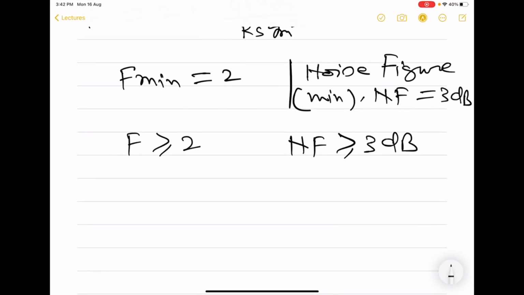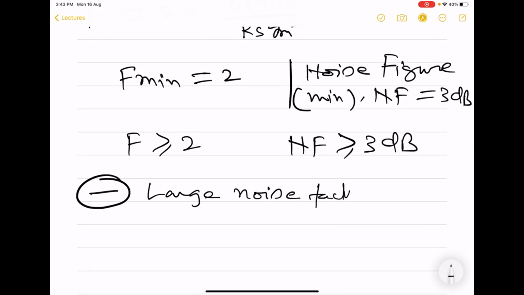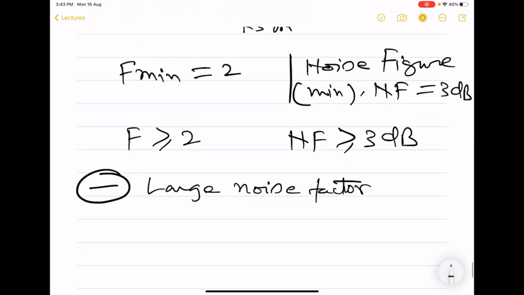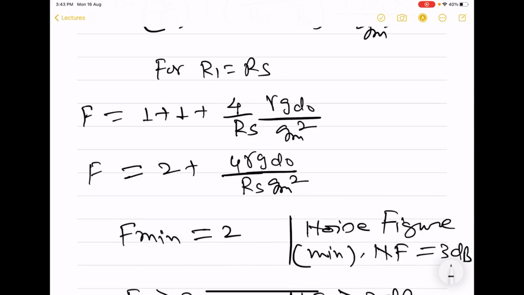The drawback of this resistively terminated LNA is, as we will see when we find the noise factor of the subsequent LNAs, that this has the largest noise factor. In this case, we saw that there is no frequency dependent term here, and that arose because CGS was neglected because of the low frequency.